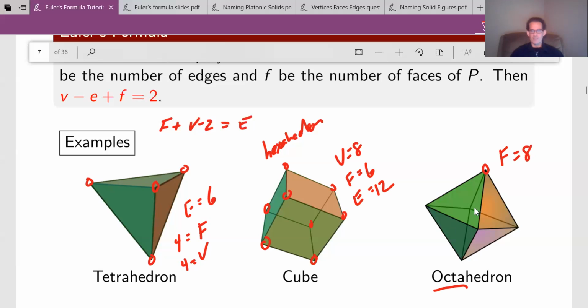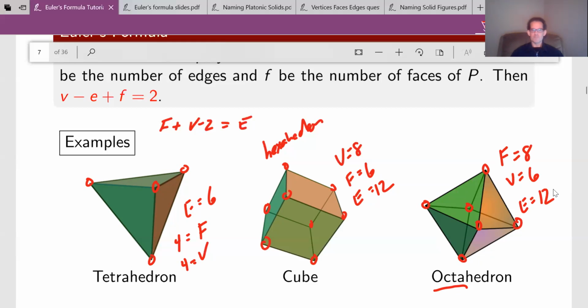You have 1, 2, 3, 4, 5, and then the bottom would be 6. So vertices is going to be 6. Let's look at your edges. You have 4 edges on the bottom, 4 edges in the middle, and 4 edges on top, so 12.